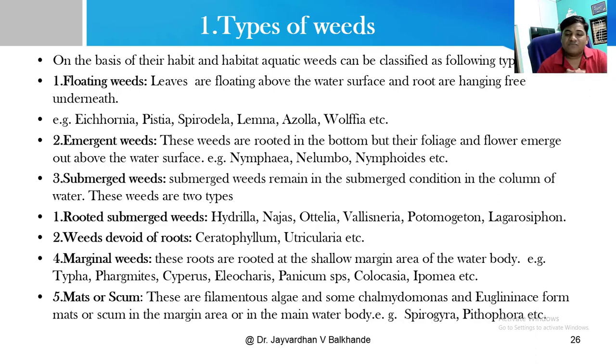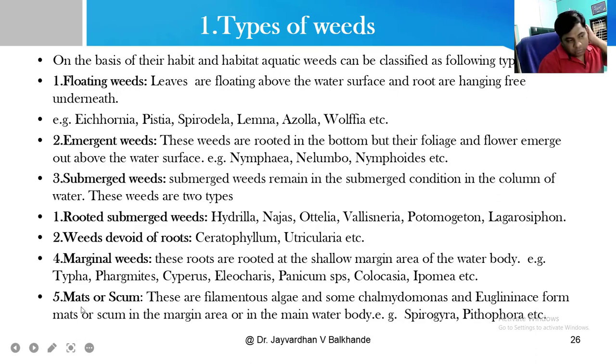The fifth type of weed is the mat or the scum. This is nothing but filamentous algae and some Chlamydomonas and euglenids that form mat or scum in the margin area or in the main water body, for example Spirogyra, etc. So these five types of aquatic weeds are present in the water body.